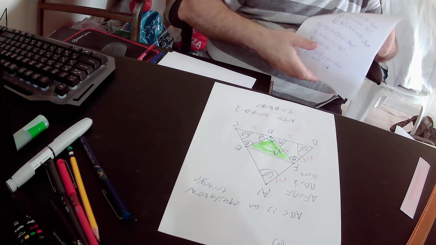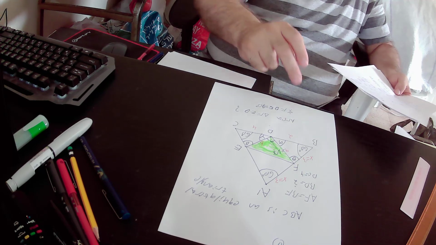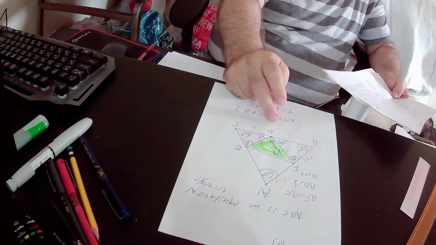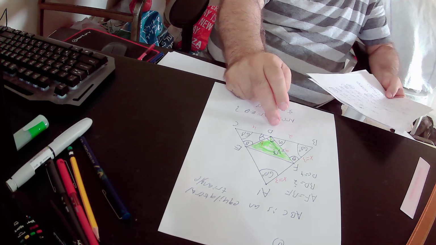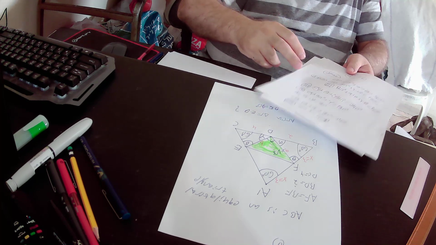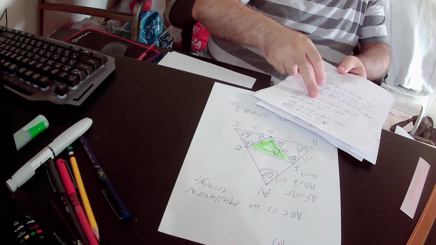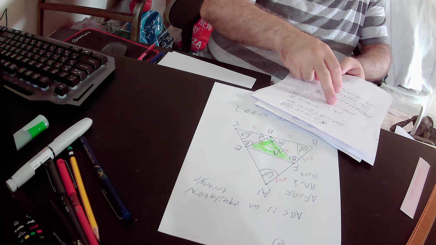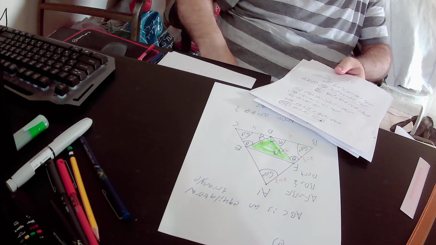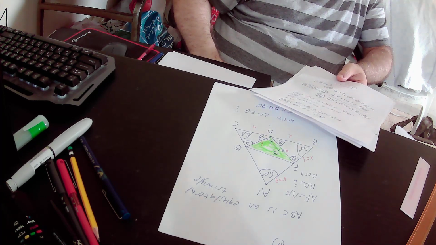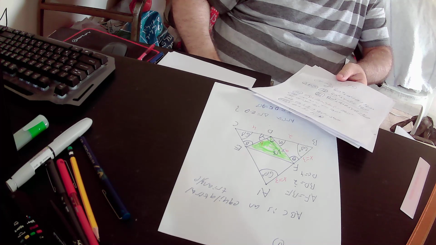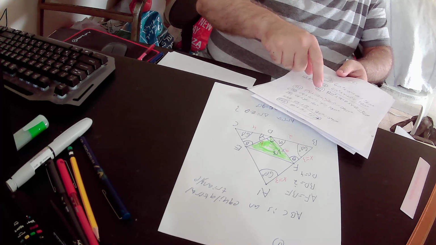Okay, so this way we created our fourth equation: alpha plus 90 degrees plus gamma equals 180 degrees. And we got that alpha plus gamma equals 90 degrees.